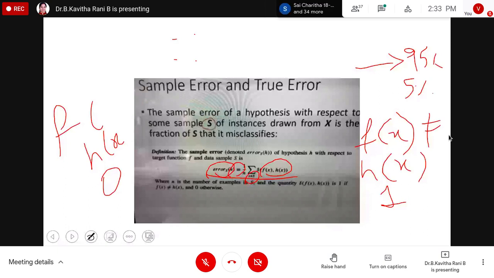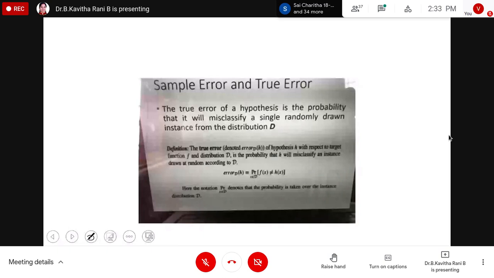In the same way, we have true error here. Okay, so take some unseen data point from the large data, which is given as a new instance to the machine learning model. To predict the target label, we will be finding true error here.